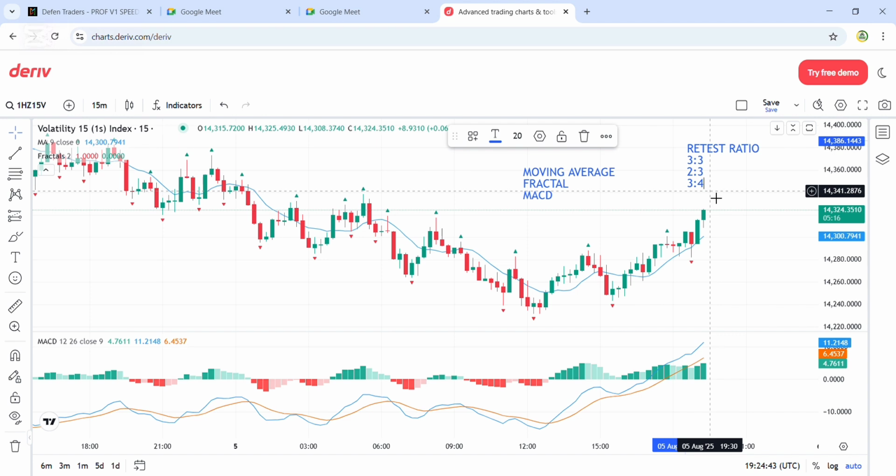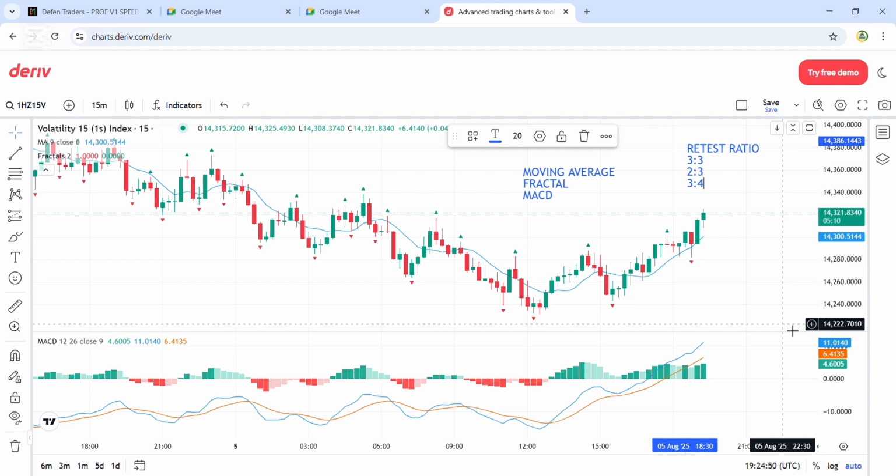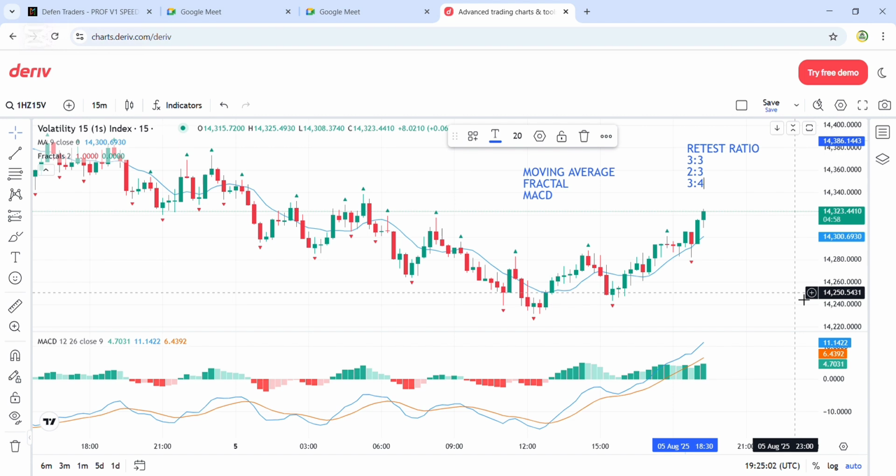For you to make a good decision, you must first observe the candle retest ratio. How many times is this candle moving downward? You'll observe that the candle is moving downwards 3 times and then upwards 3 times. Now, what is the entry point?